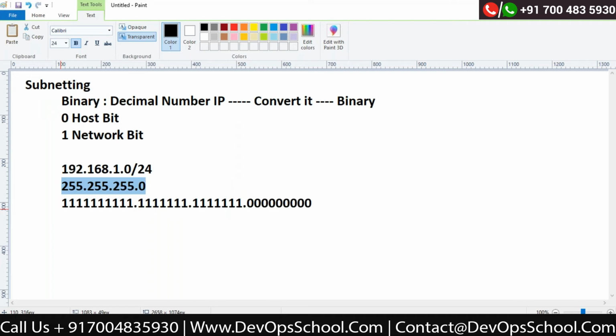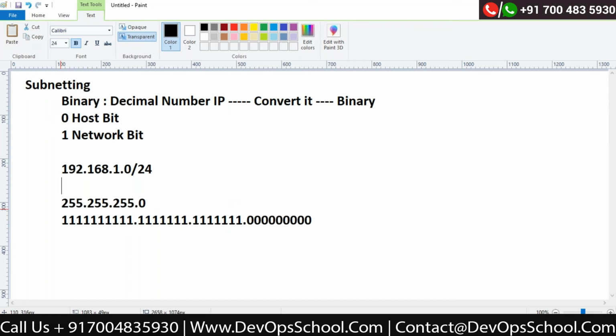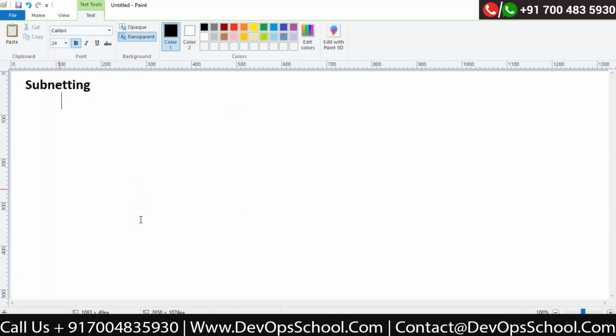My computer will handle it. Only the display representation method would be the CIDR method, whether I'm going for classless or classful. No problem. So this is also a very important aspect: you should understand what is a host bit representation and what is a network bit representation. If I want to convert 192, it is something like this. This is the whole journey, but the subnet mask would be represented in this particular form. So this is the third point you need to remember.